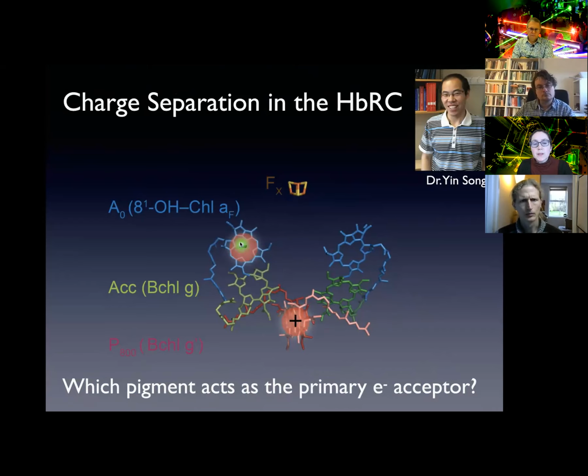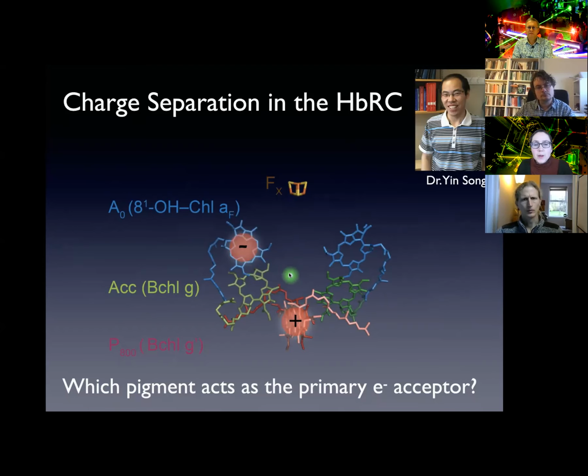So we know that the charge separation, much like in the bacterial reaction center, we will end up in a charge separated state like this, only on both sides. Here I'm showing a single side, but it is, as I mentioned, a homodimer.